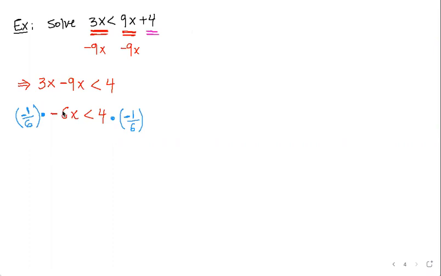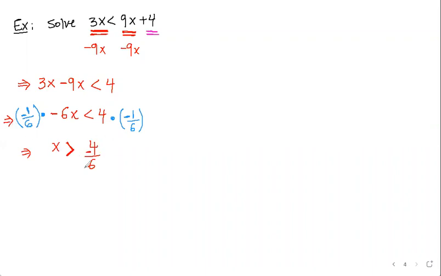So here the negative 6 and the reciprocal cancel each other, I get x. Now I change the sign to greater than. Here I get negative 4 over 6. Okay, any question?